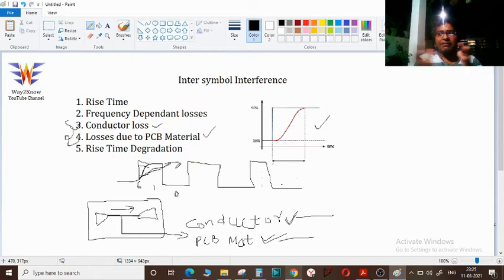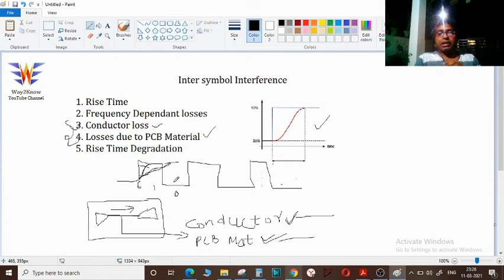So when the receiver receives the signal, it hasn't received a clean 1 and 0, but there is an overlap between 1 and 0, which means there is interference between the symbols being transmitted over the channel. To explain it in simple terms, this is inter-symbol interference.